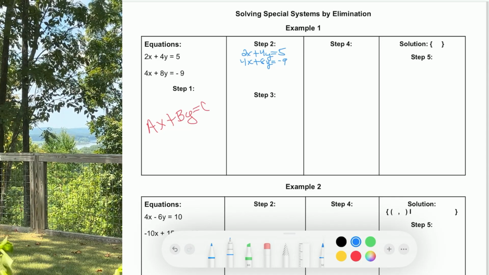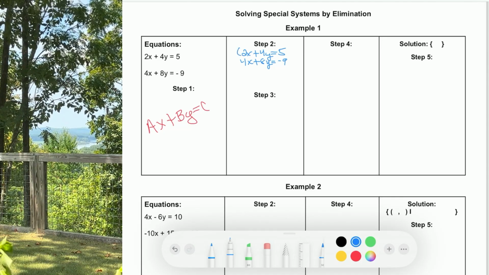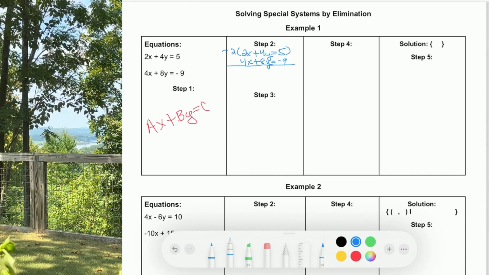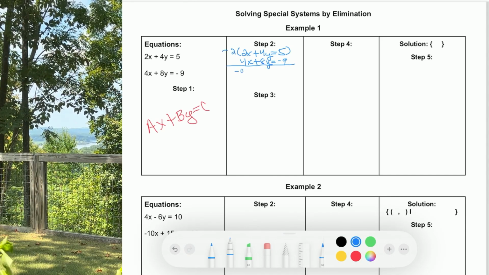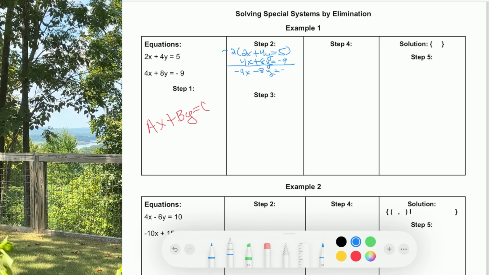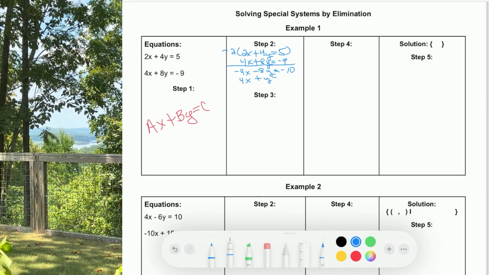I'm going to choose to get rid of my x's. So I'm going to multiply this top by a negative 2. I end up with a negative 4x minus 8y equals negative 10 when I multiply that through. Rewrite my second equation.